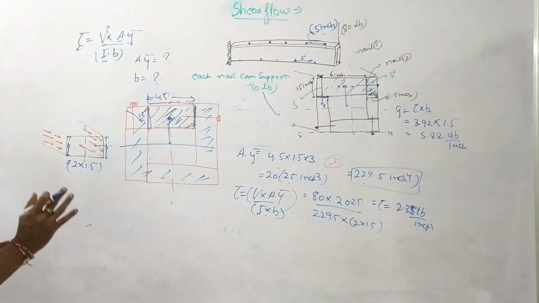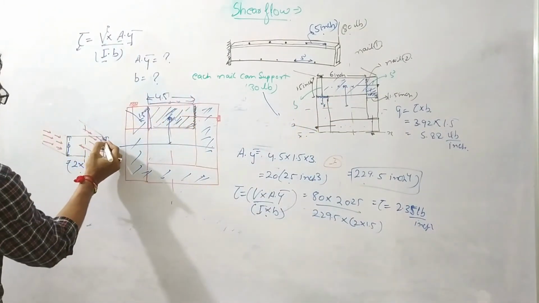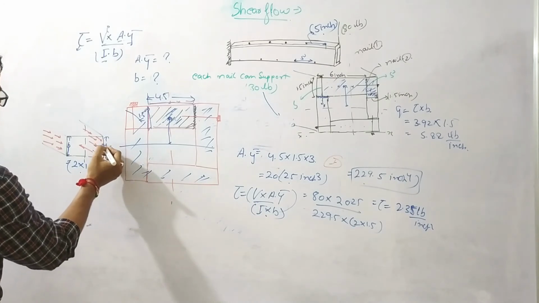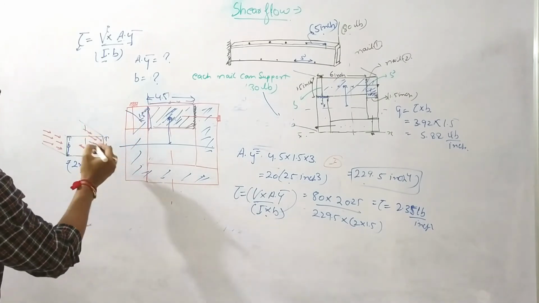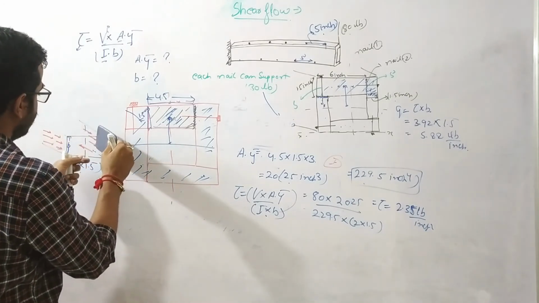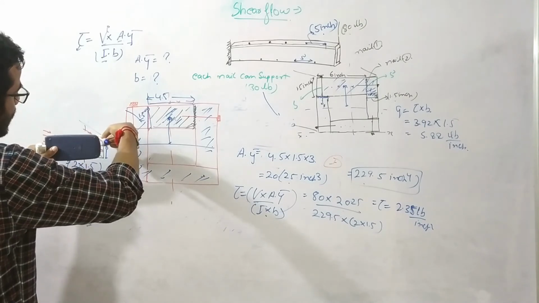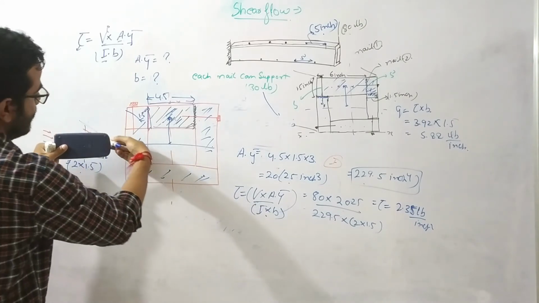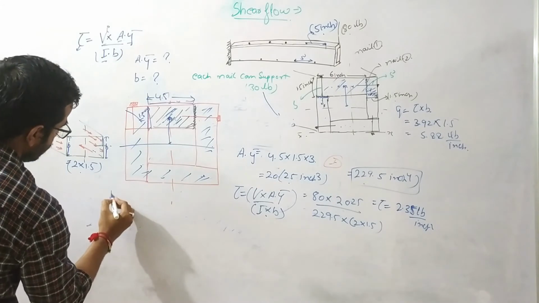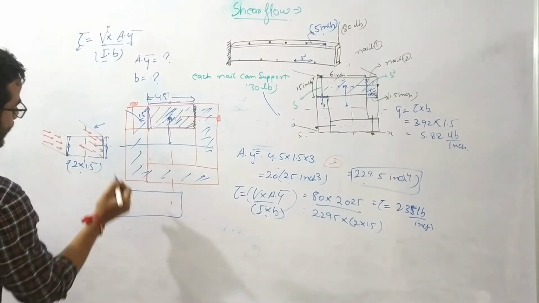Right, now I need to calculate the spacing of the nails. If I take this cross section, the shear resistance is taken care of by the nails. The shear resistance will be acting in this direction, and if I look from this side, it will look like this.